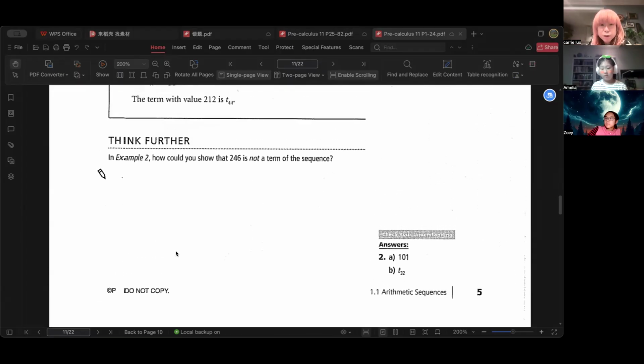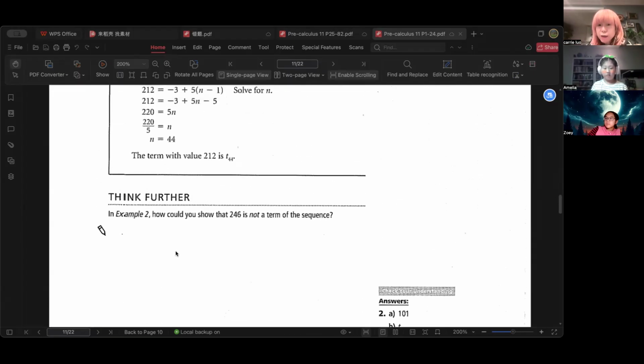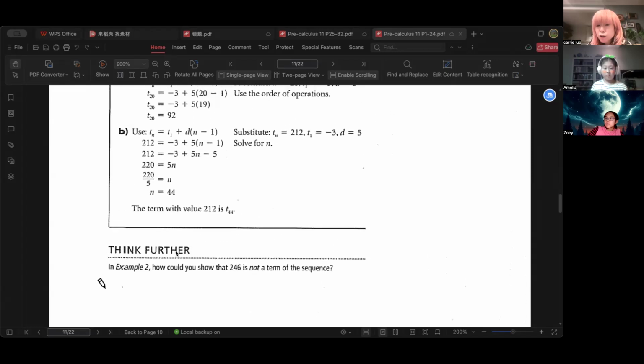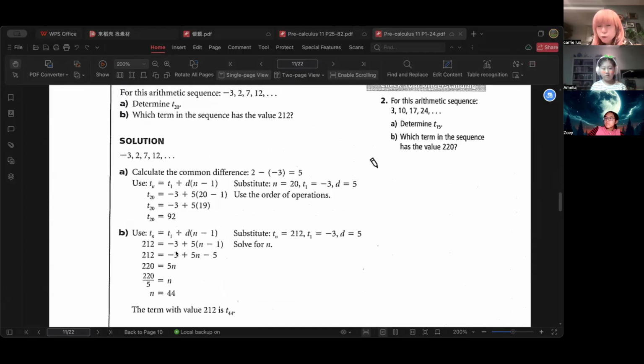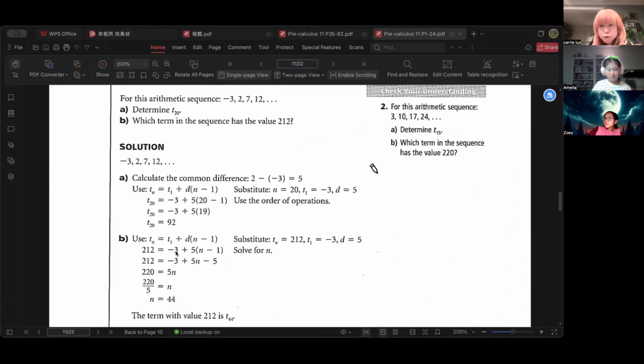So for example 2, how could you show that 246 is not a term of the sequence? For the question you all just did, 246, right? So all we need to do is the same. We're just using 246. If it is one term of the sequence, it should equal 3 plus 7 times n minus 1, correct?